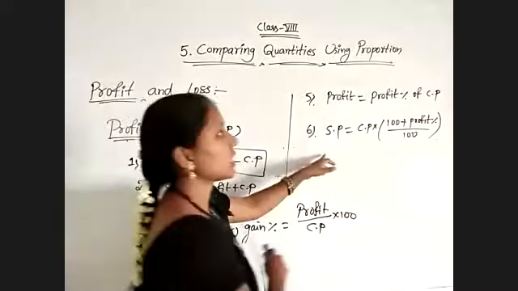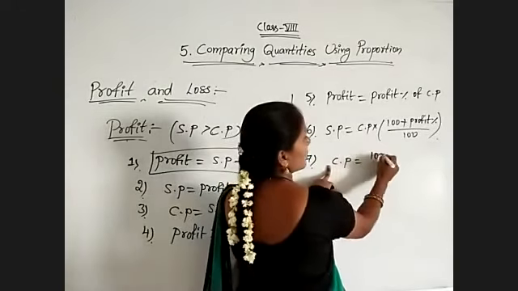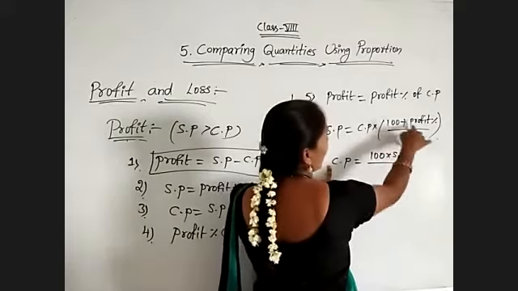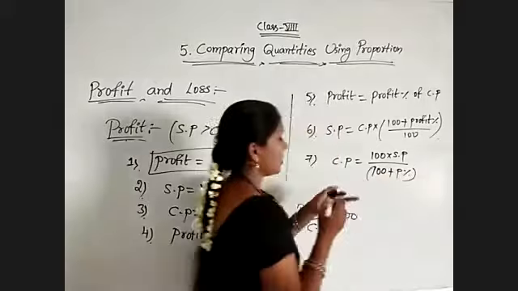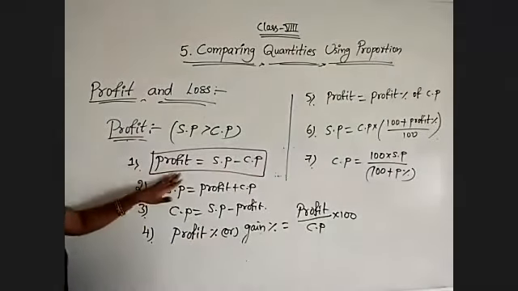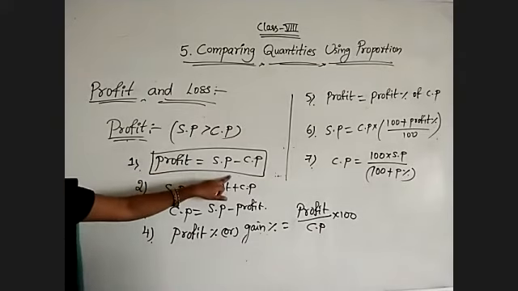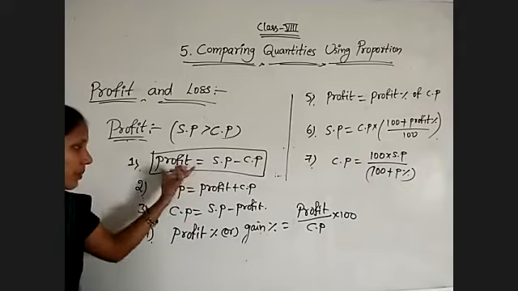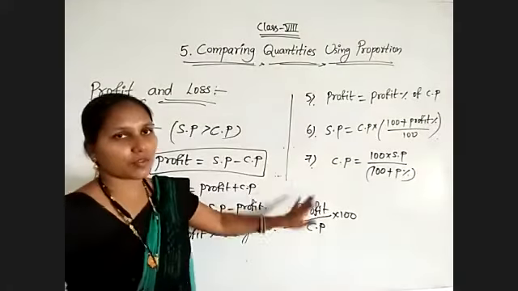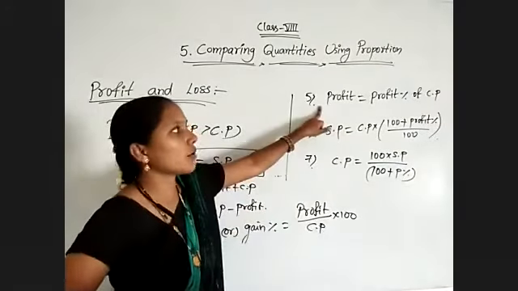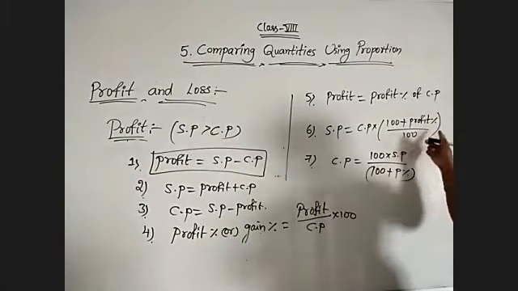And from this we will write a CP formula also. CP is equal to 100 into SP by 100 plus profit percent. So remember, depending on profit and profit percent, we have several formulas. Profit is equal to SP minus CP when SP and CP are given, and depending on that we have these three formulas. Coming to profit percentage, it is given by profit by CP into 100. From this, profit is equal to profit percentage of CP. SP will be equal to CP into 100 plus profit percent by 100.